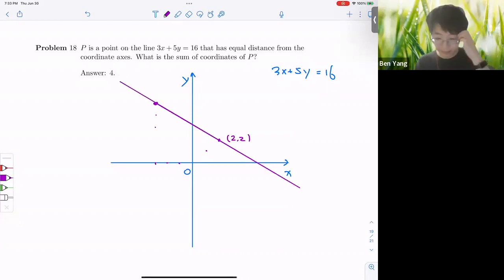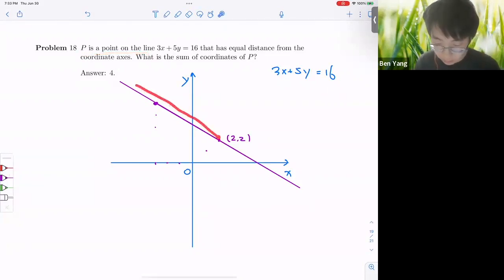Not super accurate, but I think it's fine. So point P is a point on the line that has equal distance from the coordinate axes. I guess we already have the point (2, 2).